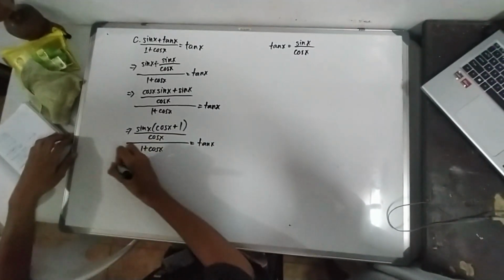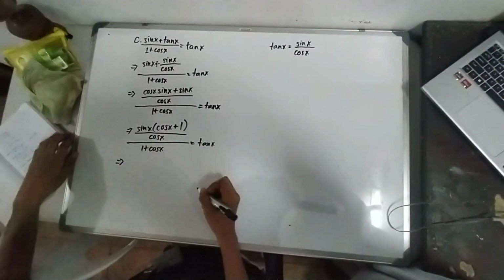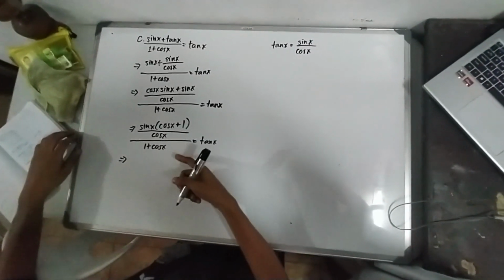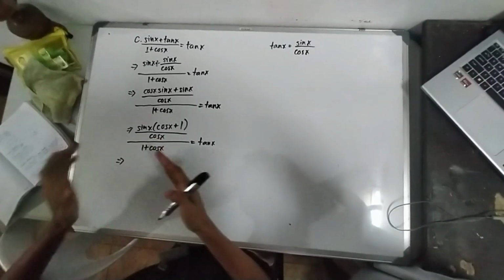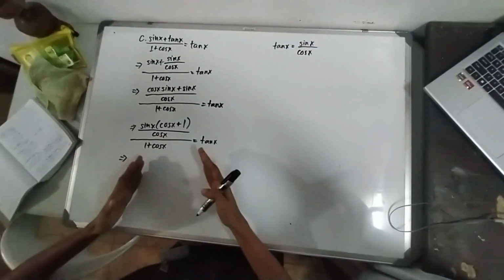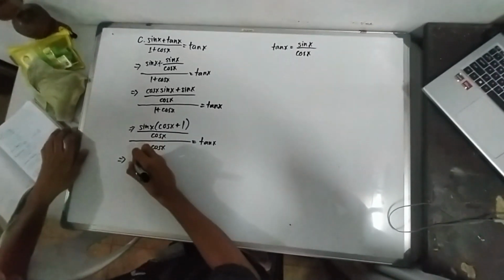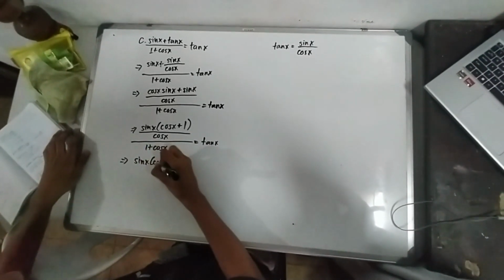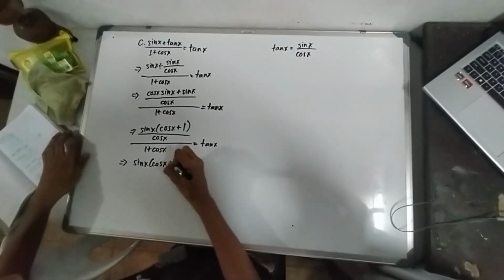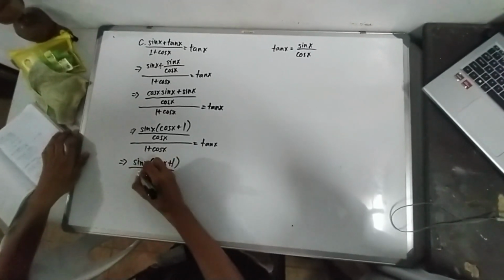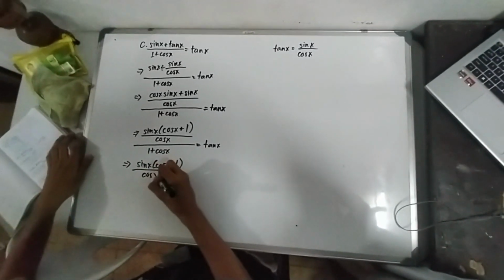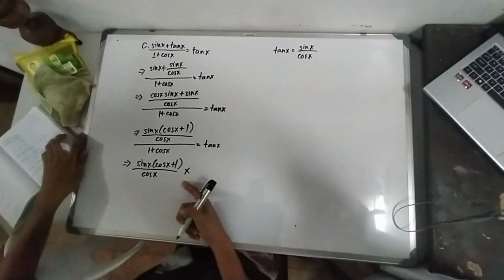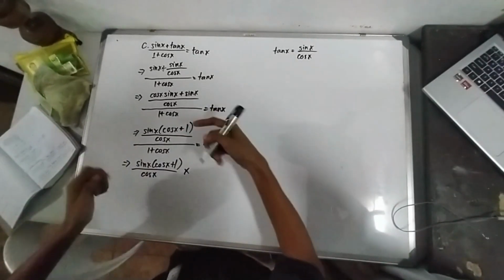To further simplify, let's use the keep, change, flip method. So sine x times cos x plus 1 over cos x. Let's keep the numerator, change the operation, and then flip the denominator.